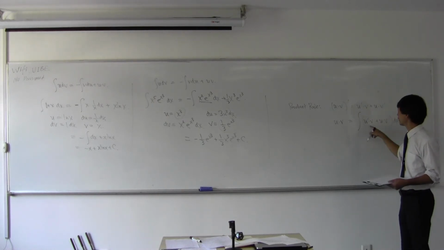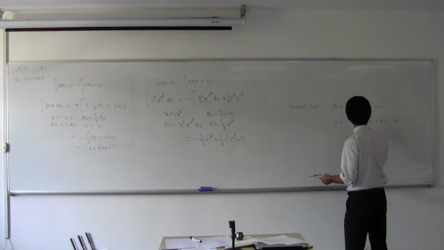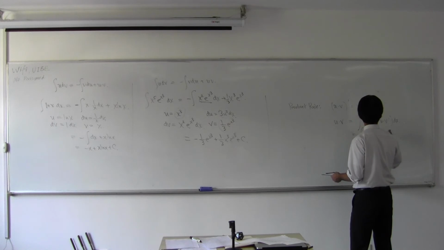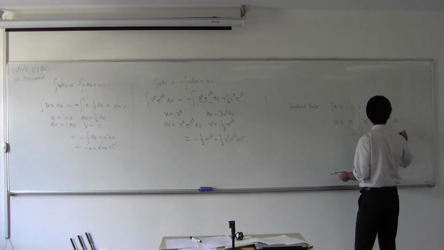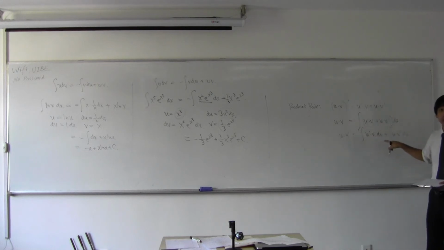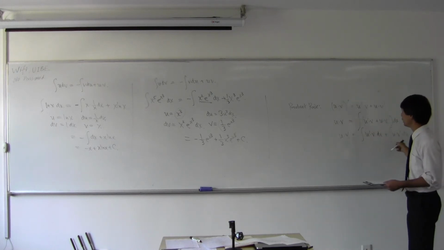Okay, so then I rearrange this. I'm going to say this is u prime dot v dx plus u dot v prime dx. And then I'm going to pull one thing to the other side.